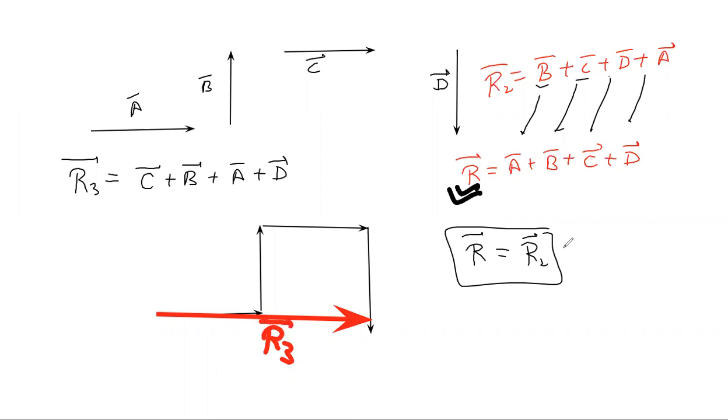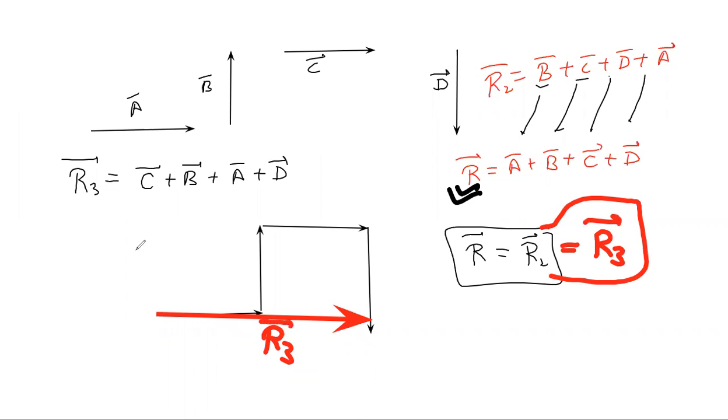So with the help of the previous two examples, we know R equals R2 equals R3. So these concepts are clear to all of you. In this video, we discussed how we calculate the addition of more than two vectors. Simple steps are followed. Step 1: draw the first vector.